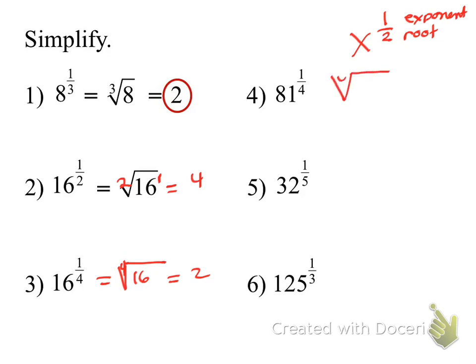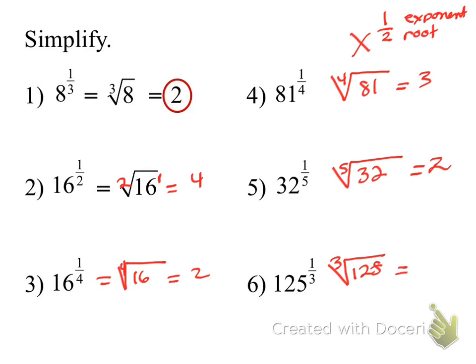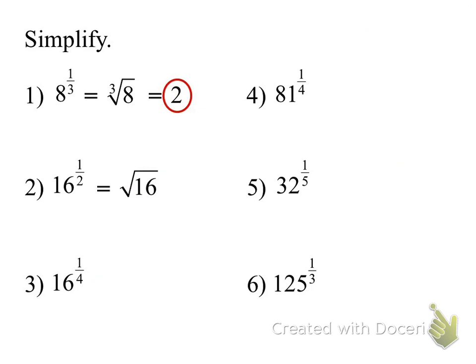What is the 4th root of 81? McKenna? 3. Okay. What is the 5th root of 32? Karoni? 2. And what is the 3rd root of 125? Ellie? 5. 5 times 5 times 5. Got it? So these are pretty easy.